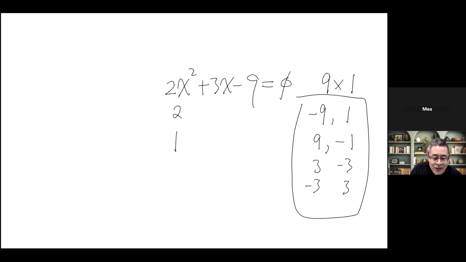Let's see. 9 and 1, and this is negative. So 2 times 1 is 2, 1 times negative 9 is negative 9. When you add them together, that gives us negative 7.